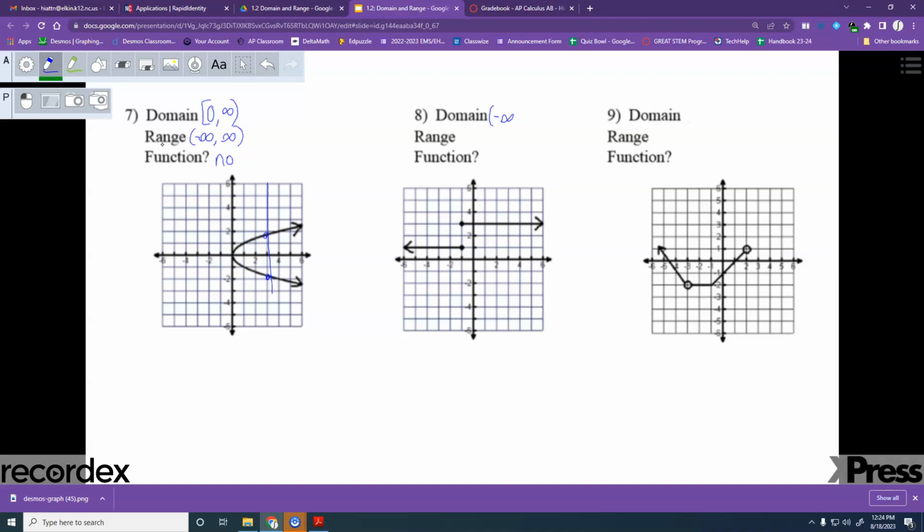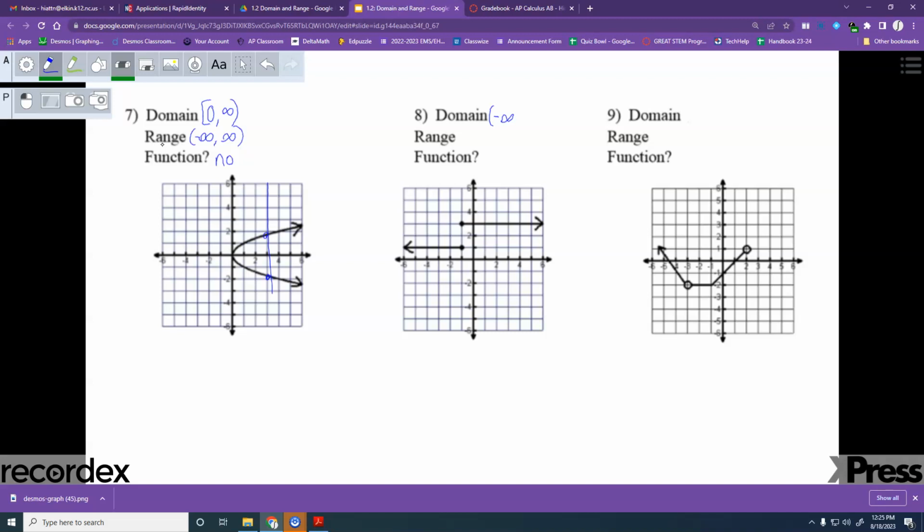You would almost be right if these were open circles, right? But what we have here are actually closed-in circles, so those values are included. As we go across here, we are still touching the graph right there at -1. So that is still part of our domain.